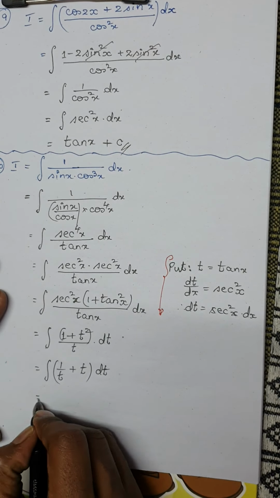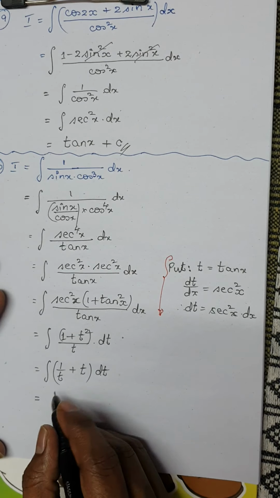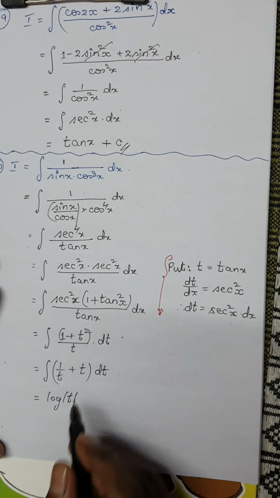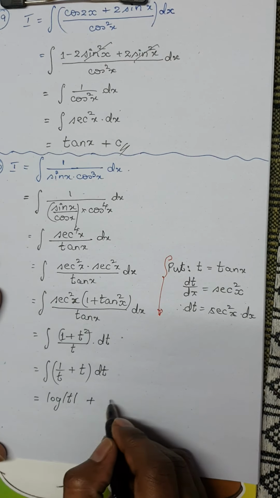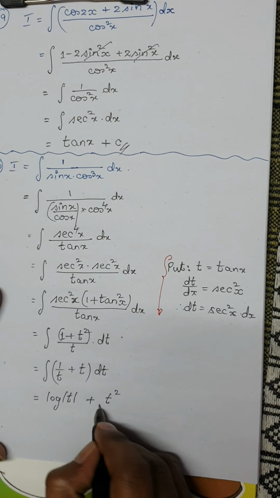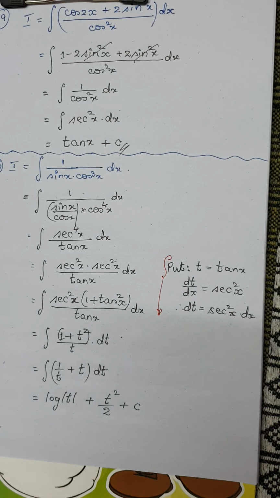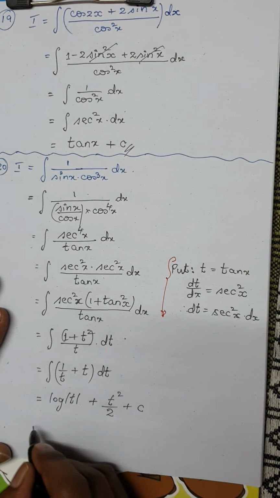Now what is integral of 1 by t dt? It is like dt by t. We know it is log of mod t. Integral of 1 by t is log of mod t, plus what is integral of t? Integral of t is t square by 2 plus a constant of integration. So finally substitute back for t.